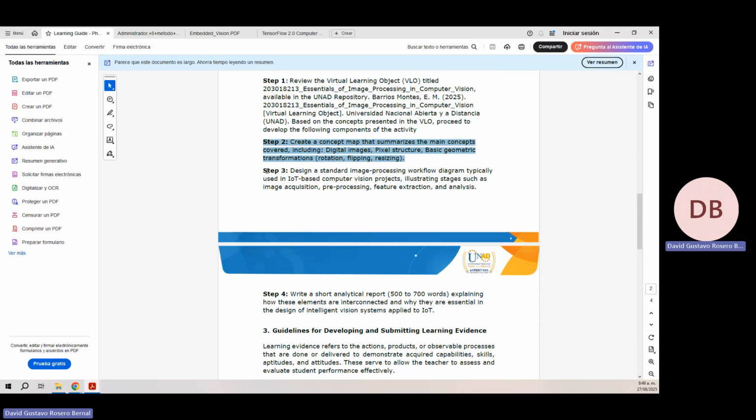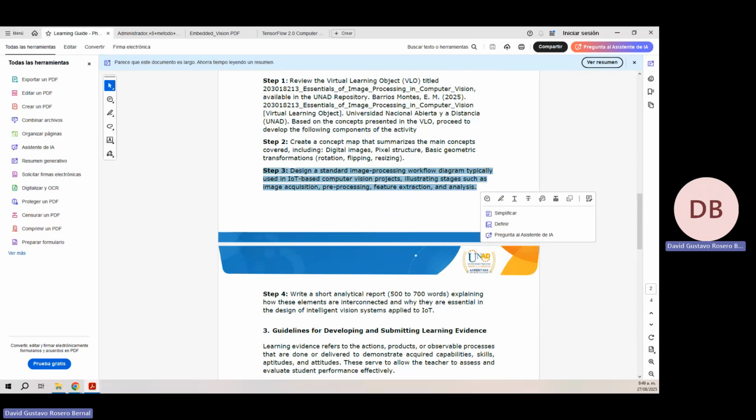The second deliverable is this one. IoT workflow diagram. The guide asks you to represent the flow of information in an IoT-based computer vision pipeline.